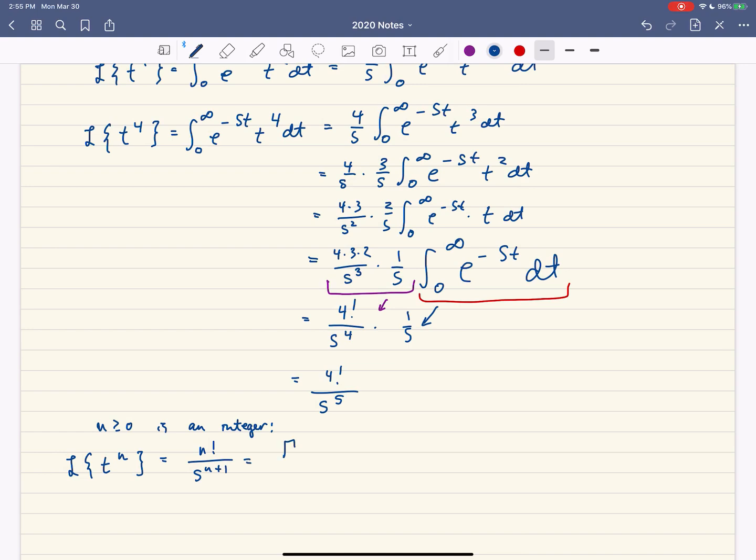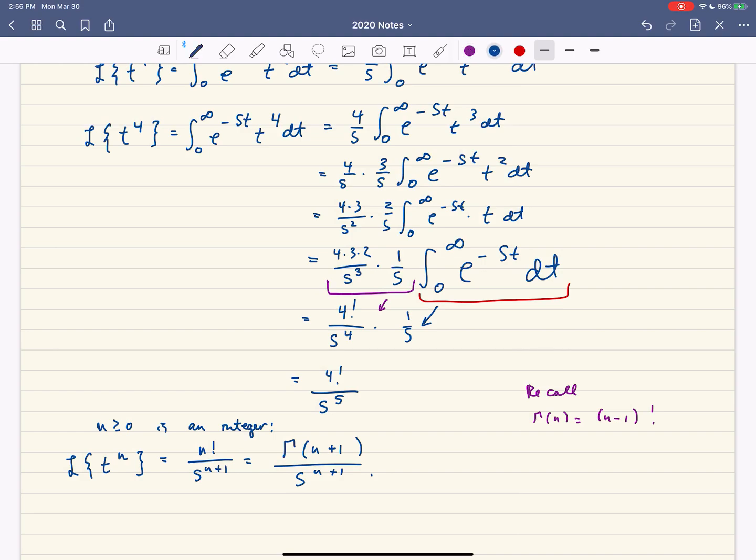And it turns out that this is, if you remember about the gamma function, you should go back and watch the video on the gamma function if this fact is not fresh, but this is gamma of n plus 1, right? In other words, just recall that gamma of n is n minus 1 factorial. So 4 factorial is gamma of 5, and so on.